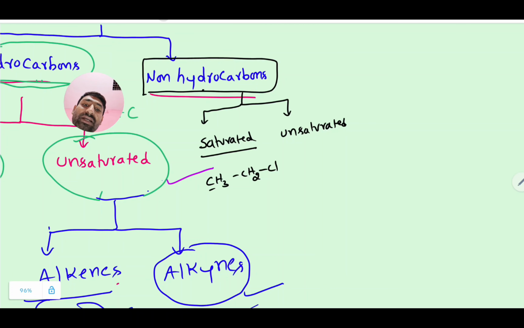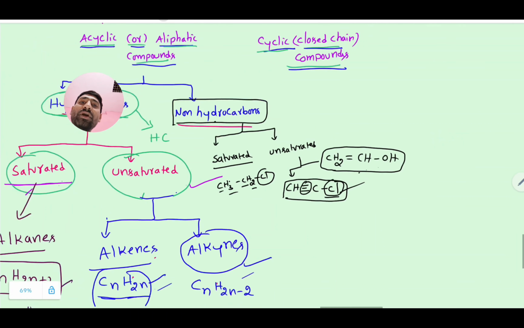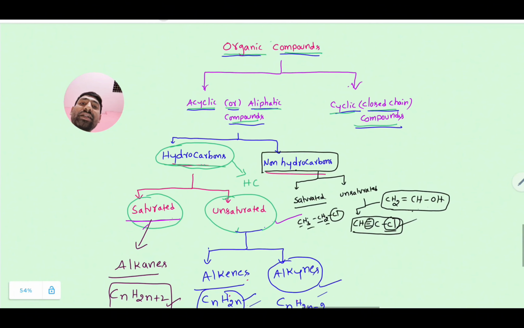If you observe, there are carbons and hydrogens along with chlorine. This one is called a saturated non-hydrocarbon. It contains only single bonds. An unsaturated non-hydrocarbon is a compound with a double bond or triple bond along with an atom other than carbon and hydrogen.